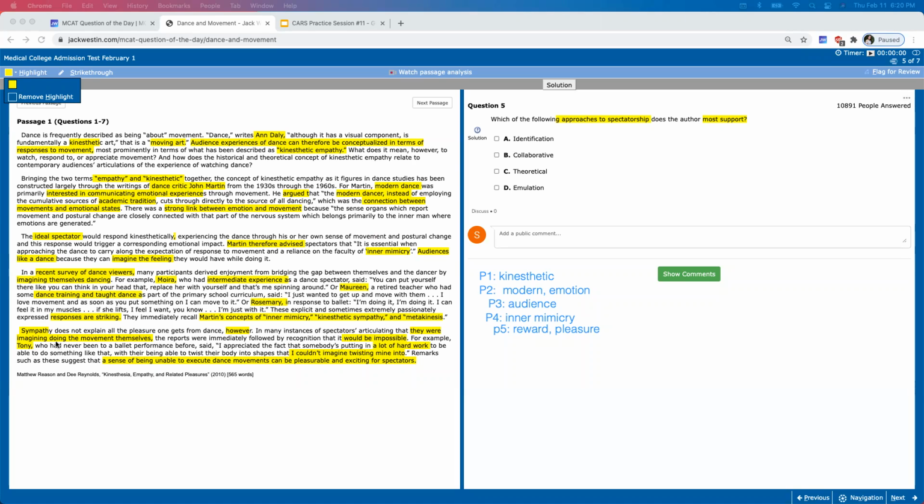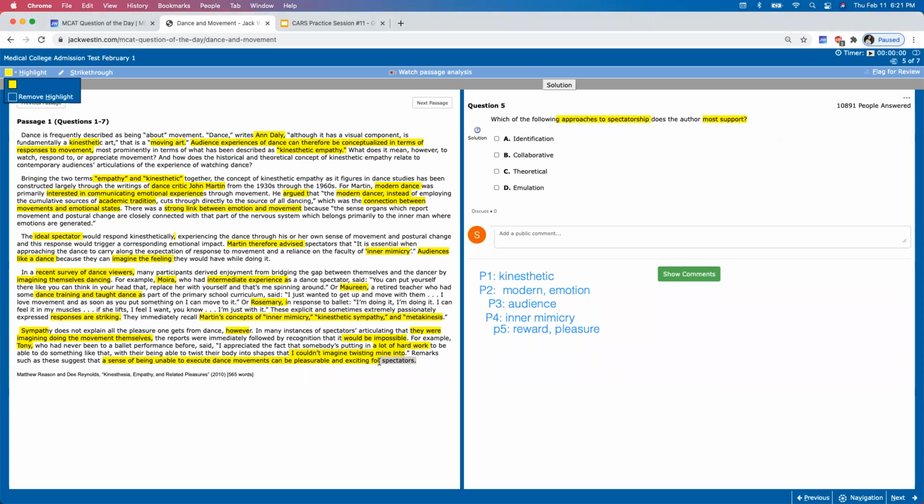So let me just read this again. They're imagining themselves doing the movement, but that it would be impossible. So they are trying to relate to the dancers by imagining, but they also realize that it would be impossible. It's a lot of hard work, and you can't imagine twisting my body into what they were doing. So that's kind of why it's exciting for spectators.